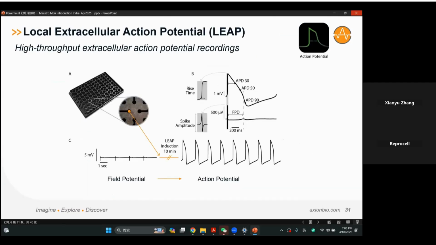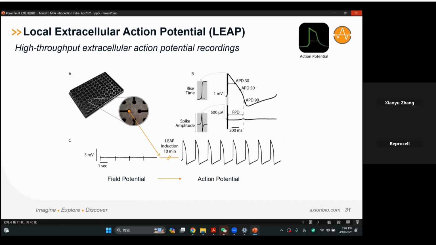Okay, let's move on to the third measure. We call it LEAP. LEAP is short for local extracellular action potential. As we have discussed, the field potential signal is detected based on the intimate contact between the cardiomyocyte syncytium and the electrode.